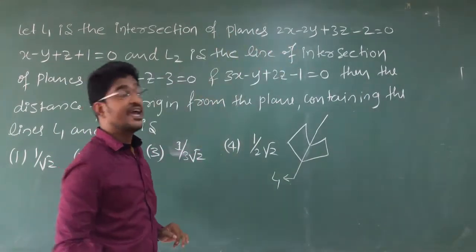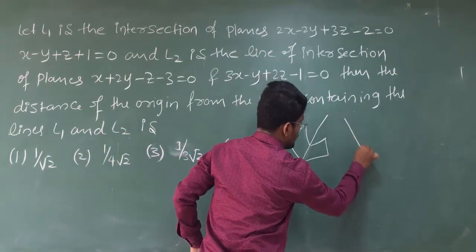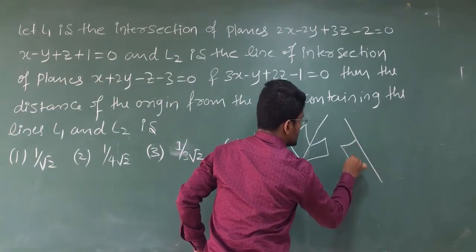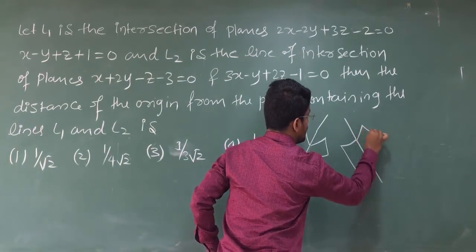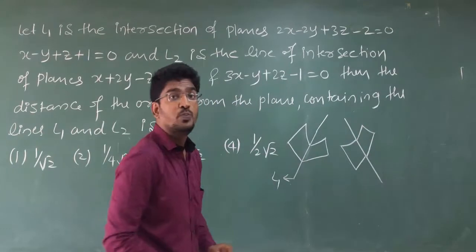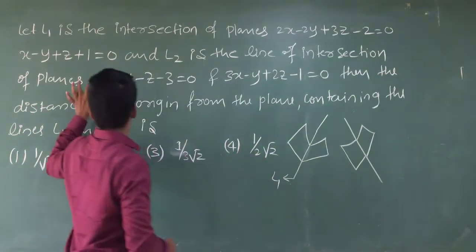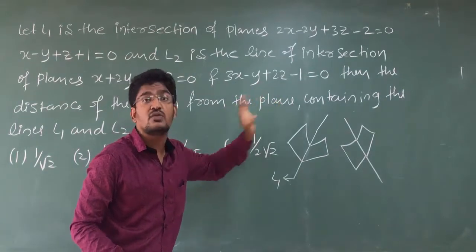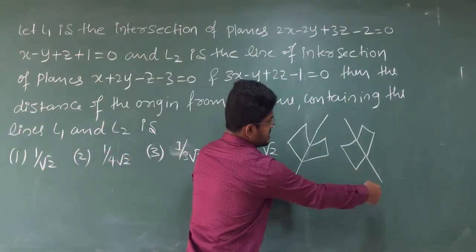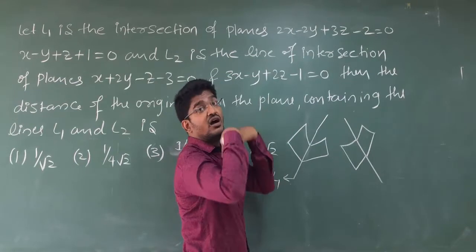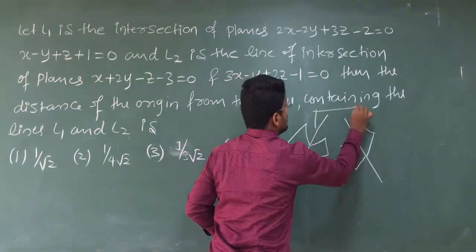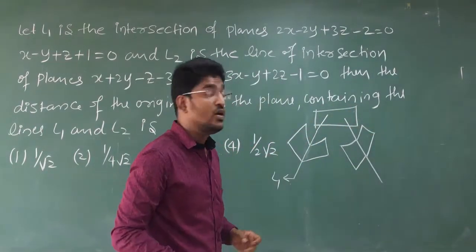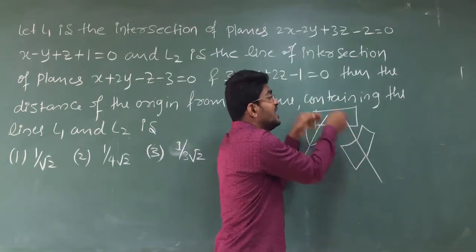There is another line L2 which is the intersection of another 2 planes, they are x plus 2y minus z minus 3 equal to 0 and 3x minus y plus 2z minus 1 equal to 0. Now these two lines are going to lie in one plane. This is the other plane where these two lines lie.